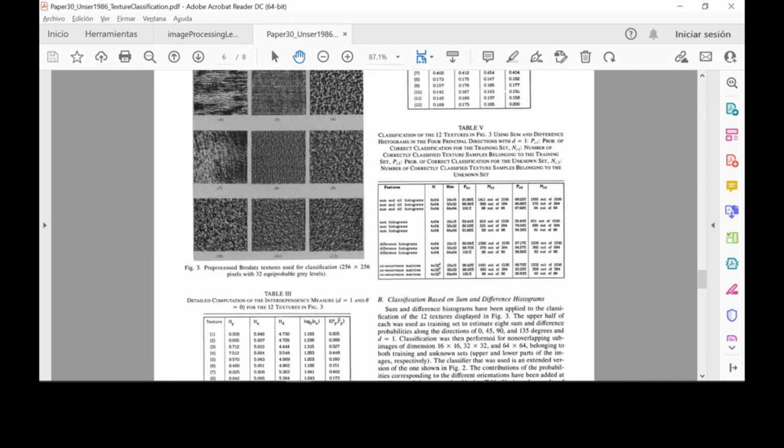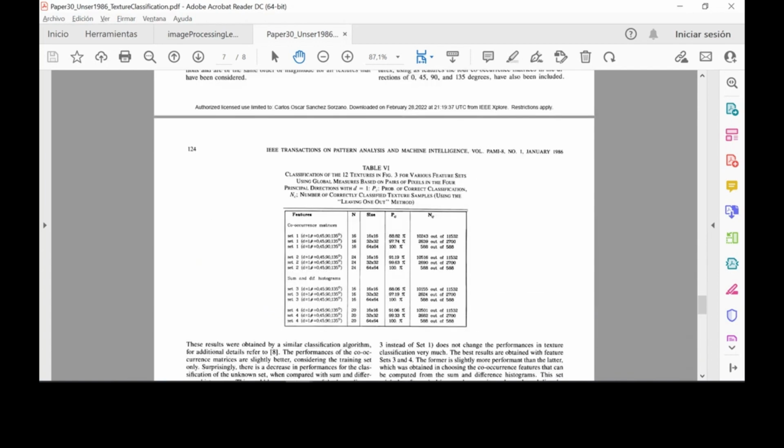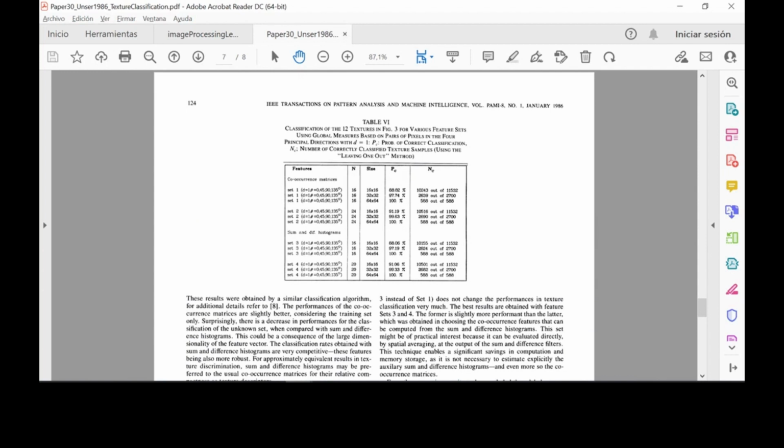So there is more information in the covariance, in the joint probability distribution. But this is much more costly. I need to compute more and I need to have more space, while this one is sufficiently good and it is much cheaper. And this is the same, but now using the global measures.